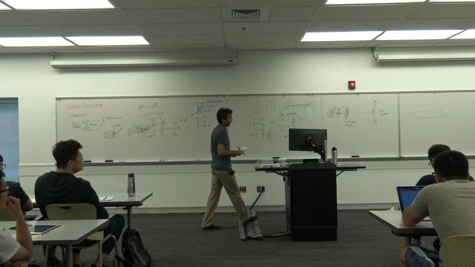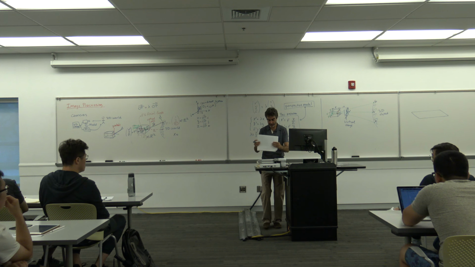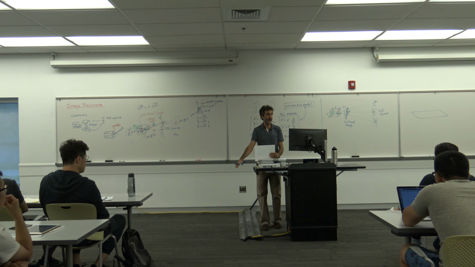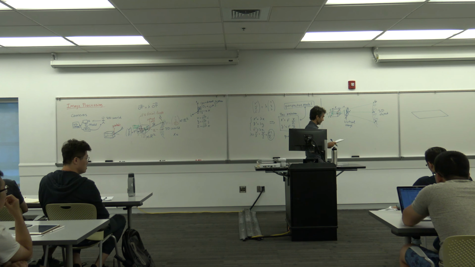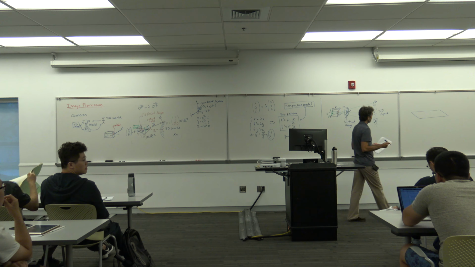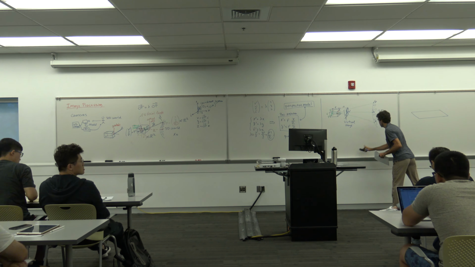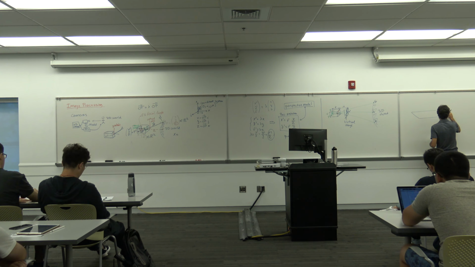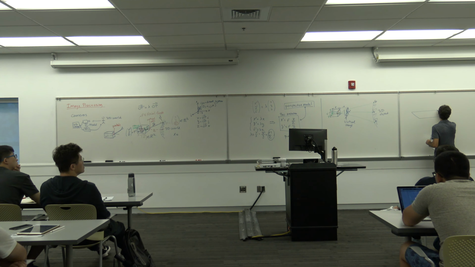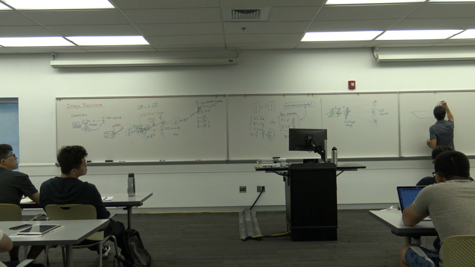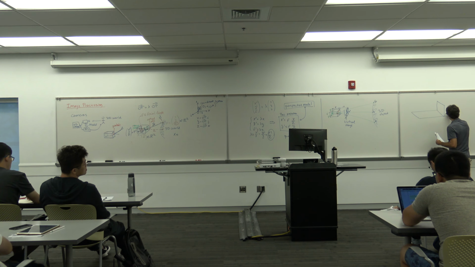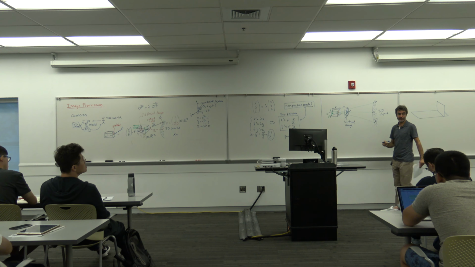And now our image plane is going to be orthogonal to that ground. So the image plane, I'm just going to draw it here. And this is orthogonal to the ground, to the floor.